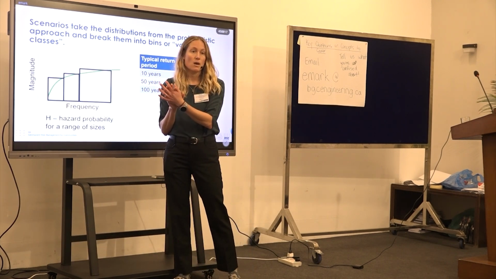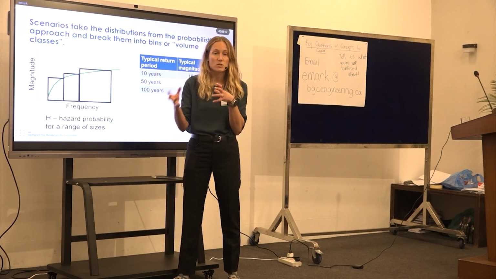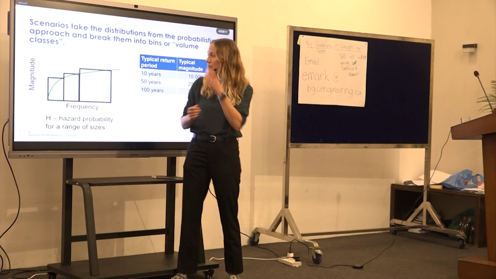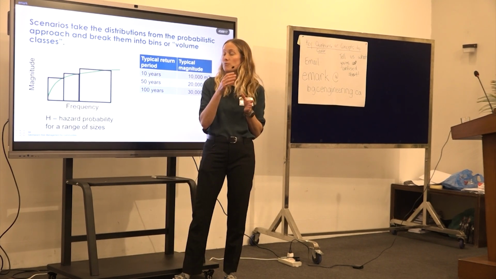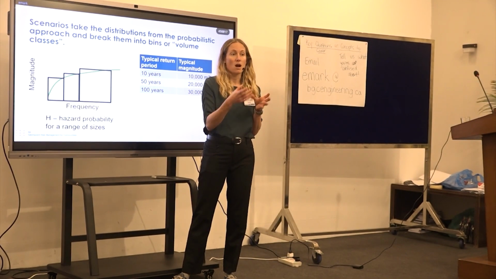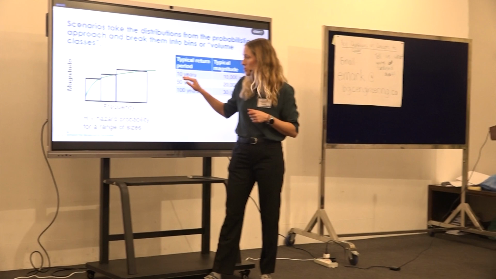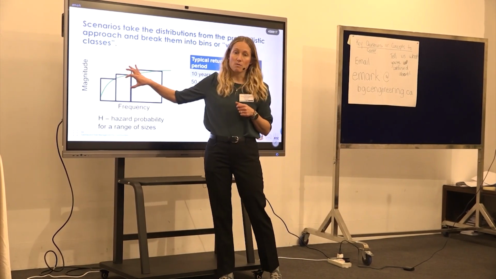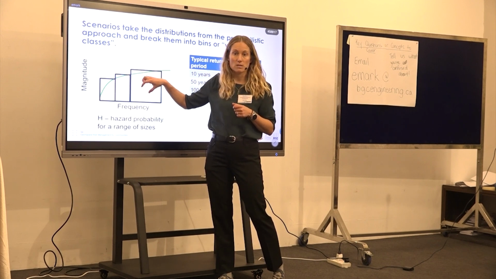And we can use the scientific tools at our disposal, and we can talk a bit more about that later, to understand what is the frequency and the magnitude of the different hazards. And then once we have that relationship, we break that relationship into smaller chunks into these scenarios.